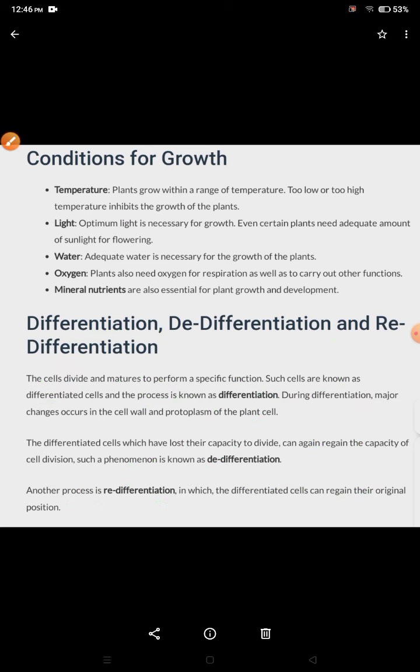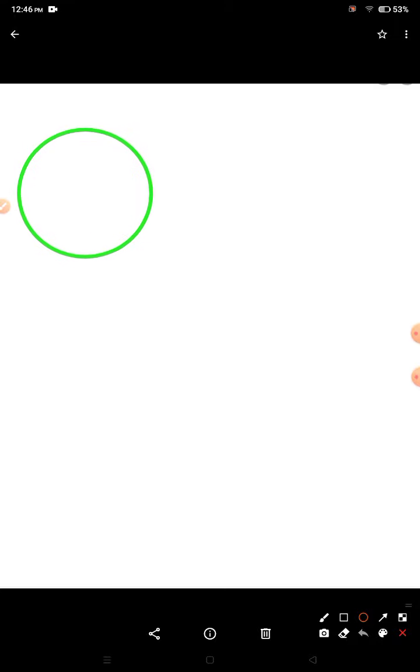Let us discuss differentiation with one more illustration in detail. Here we talk about the cell cycle.